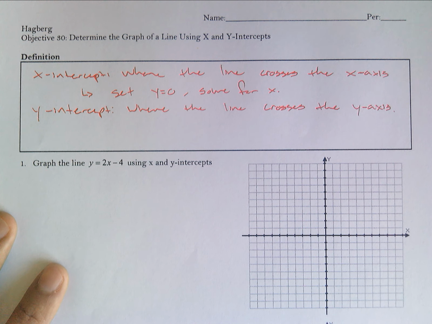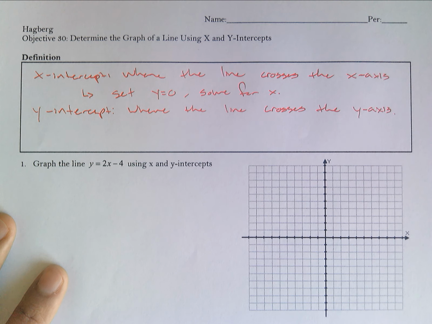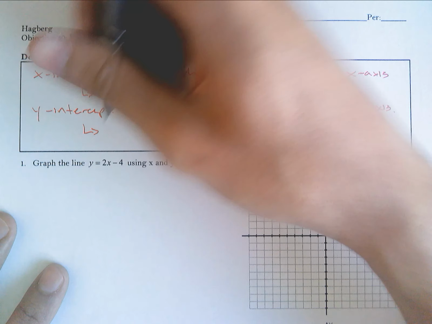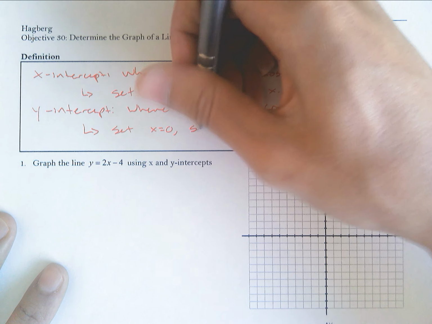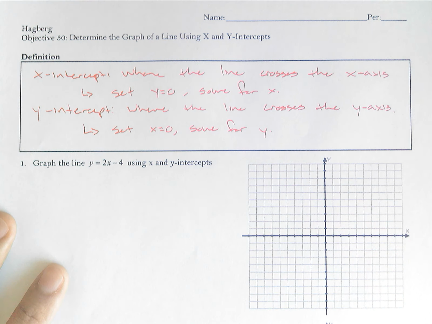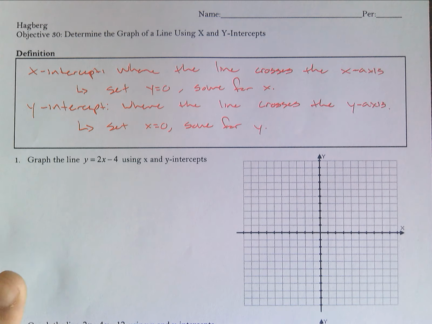Well, the y-coordinate at the x-intercept is 0. So that's why we set y equal to 0. Likewise, to find the y-intercept algebraically, we set x equal to 0 and then solve for y. And the same is true: at the y-intercept, the x-coordinate is 0.